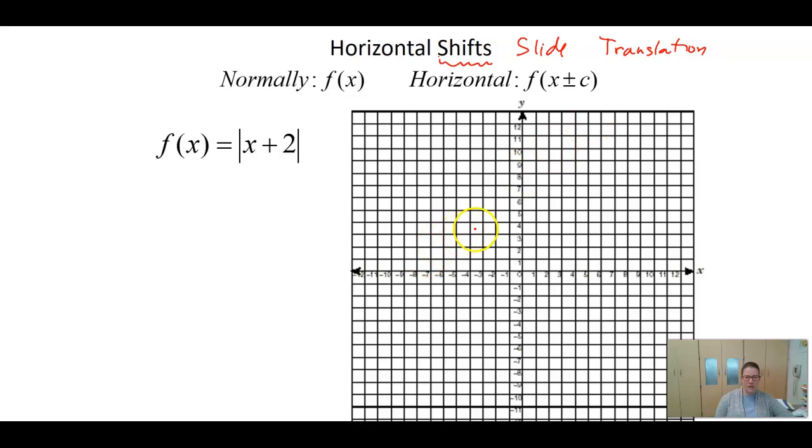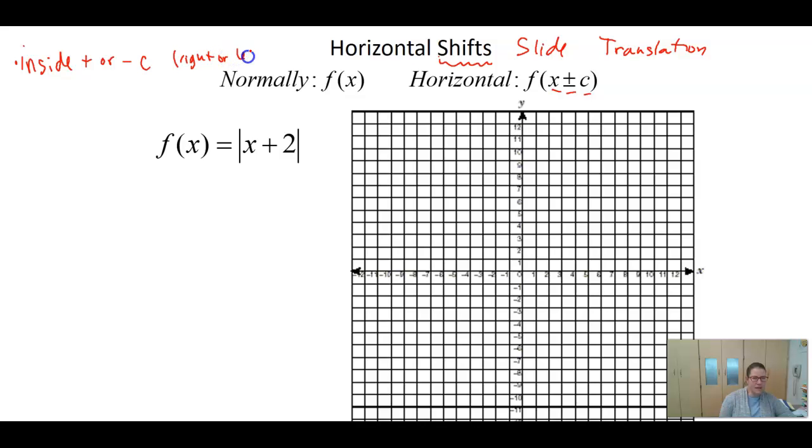It basically just means you take your graph wherever it is and you slide it right or left or up or down. Okay? So here we have x plus or minus c, so that means the plus or minus of a constant is happening on the inside of the function. So we have an inside plus or minus some number c, that means it's going to go right or left.